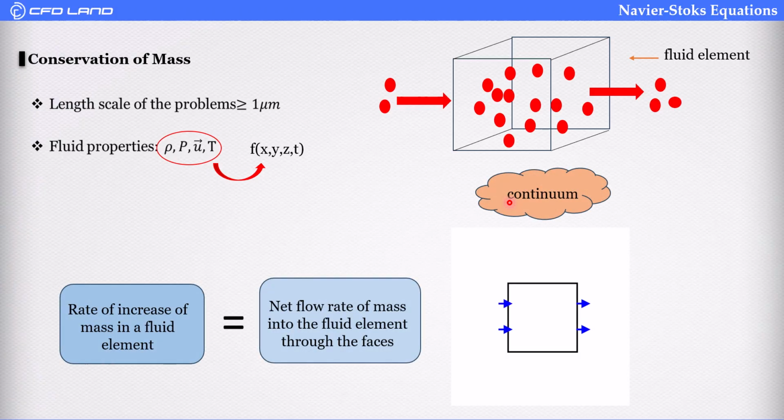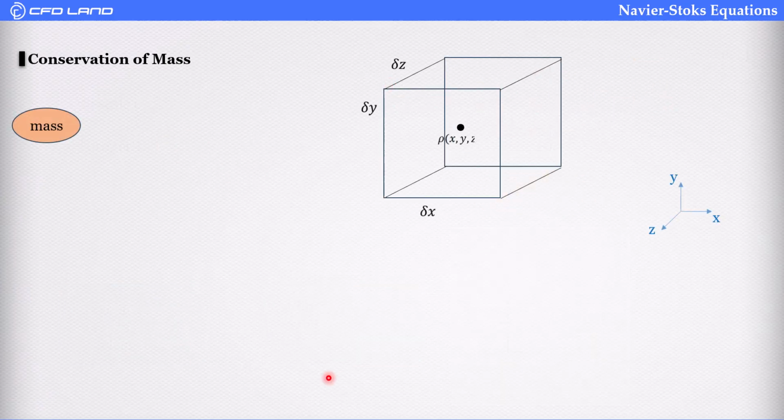Conservation of mass indicates the rate of increase of mass in a fluid element equals the net flow rate of mass into the fluid element through its faces. Now, let's write it in a mathematical language.